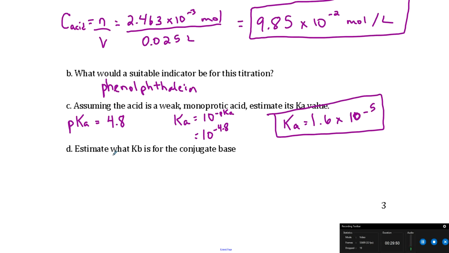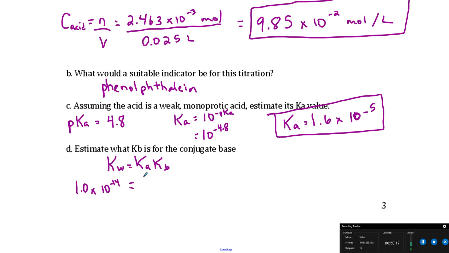Okay, what is Kb for the conjugate base? If you remember back to the last page of notes, I said this will come in handy. Kw is equal to Ka times Kb. So we know the Kw, the K value for water, is always 1 times 10 to the negative 14.